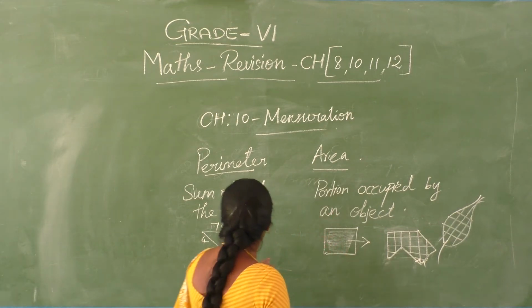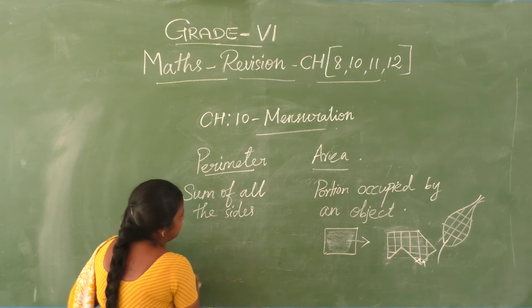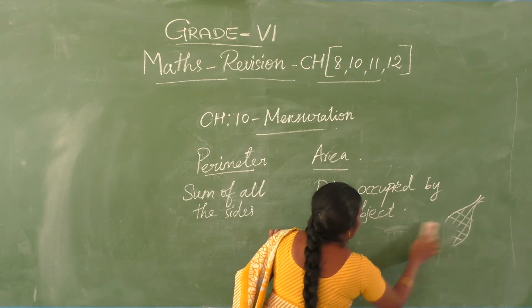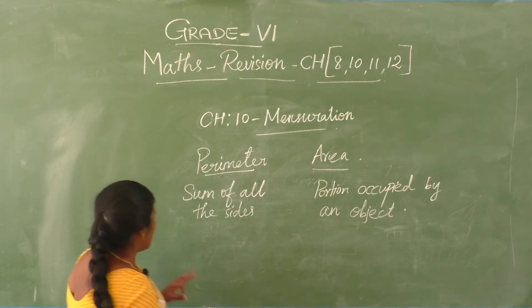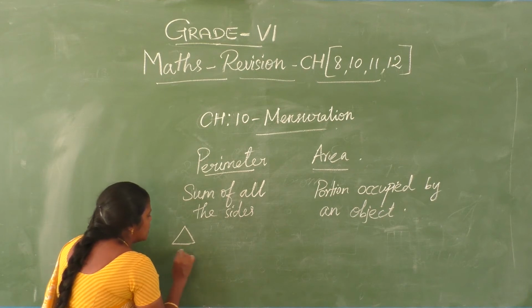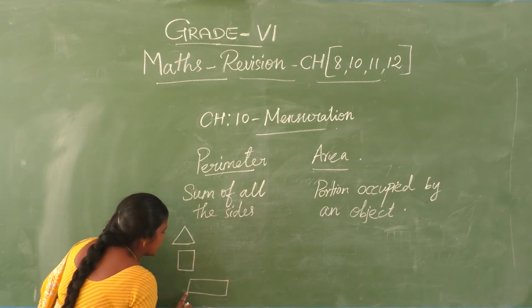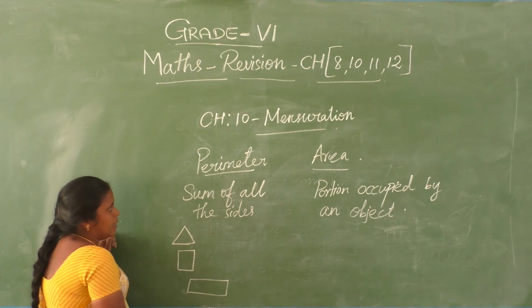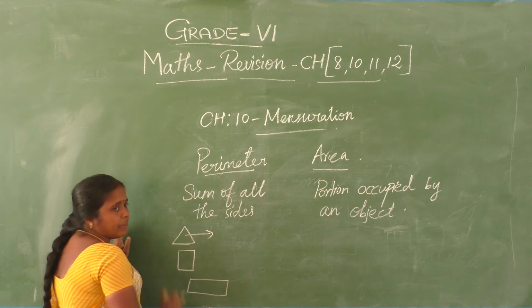Okay, come to the regular shapes category. What are regular shapes? Especially in the plane figure category, what are the shapes you have seen? Triangle, square, rectangle. These three shapes you have seen. In the perimeter category, generally perimeter means sum of all the sides.